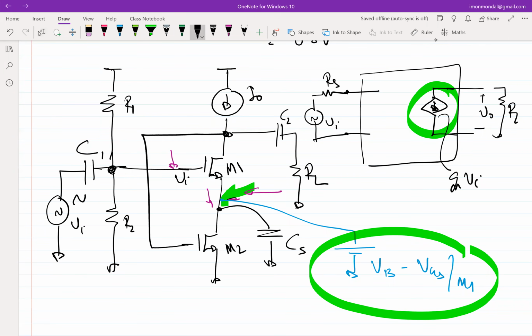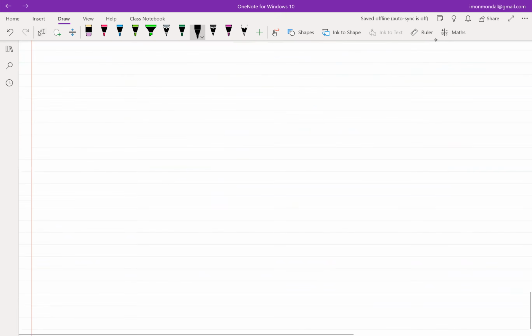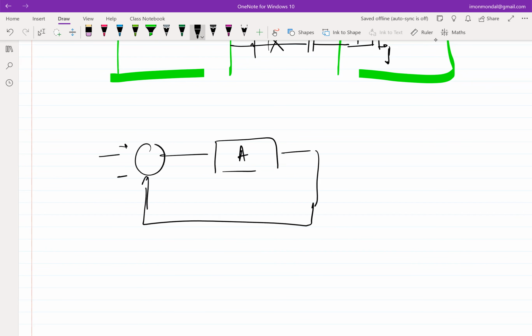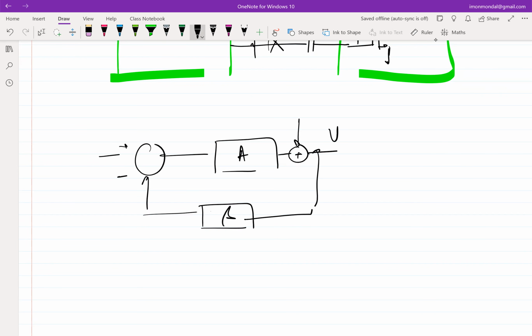If I go back to the classic definition, between V0 and Vi you have some desired relation.